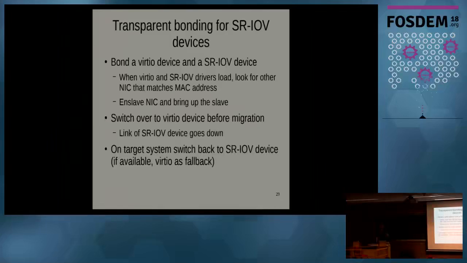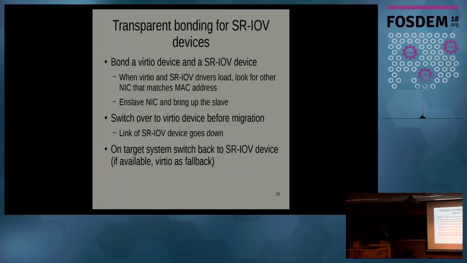Or one sentence. This is just a new idea to do transparent bonding in a guest without complex configuration by the user. The idea is to have a Virtio device that has a special feature flag. And if this feature flag is seen in a guest, then we can look for another SRIOV device that we can bond with.